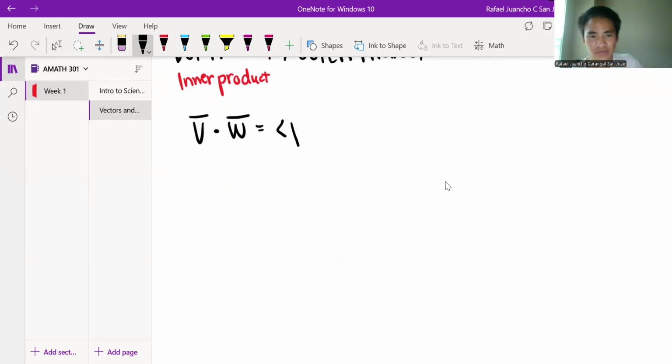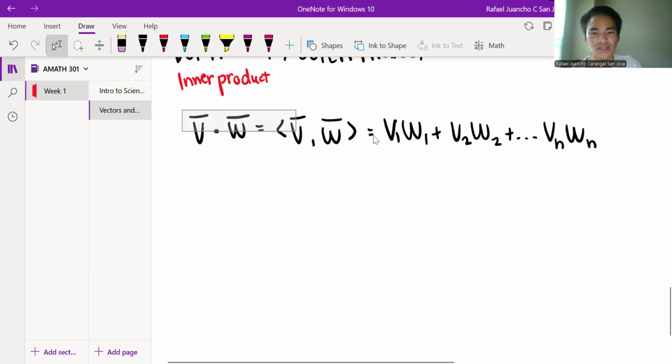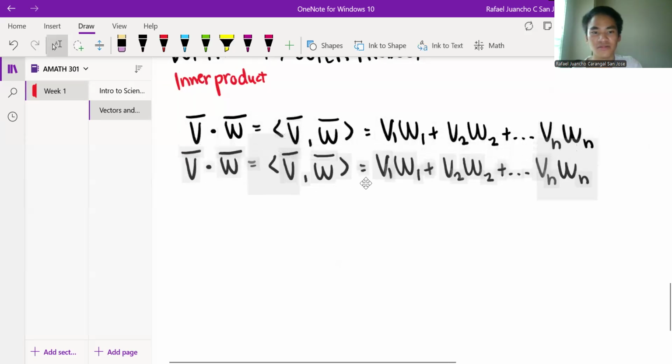We can actually write them this way. This is from calculus. You can write them this way too. These are just notations at the end of the day, it doesn't matter. But the idea is we multiply V1 by W1, V2 by W2, and we go on until we reach Vn times Wn. Let's characterize the vectors a bit so that we know what we're dealing with.